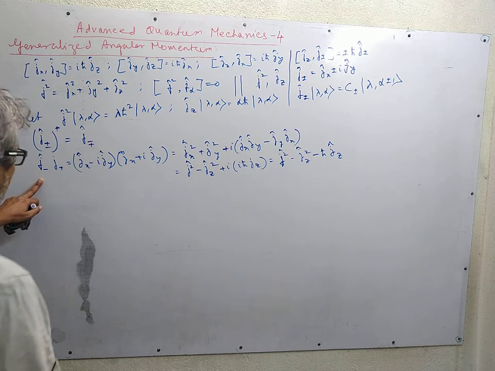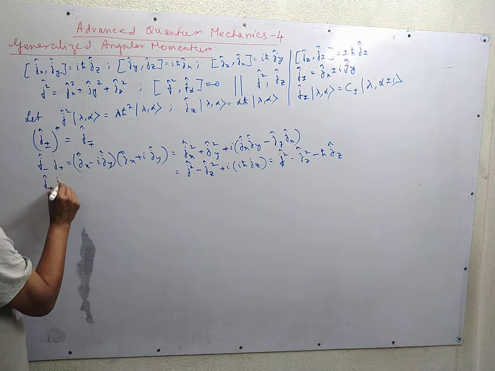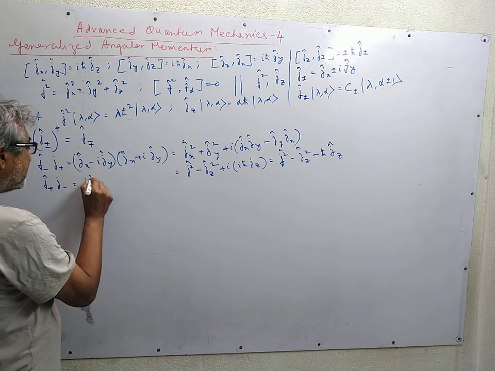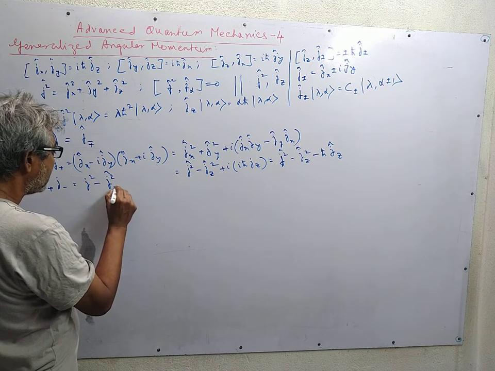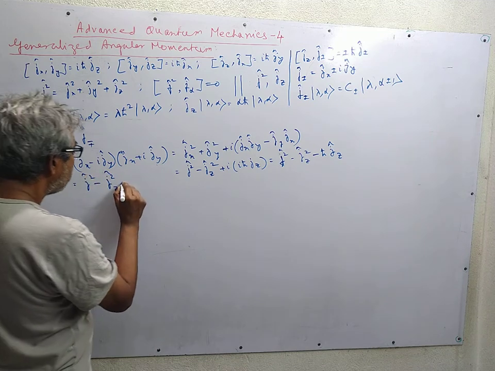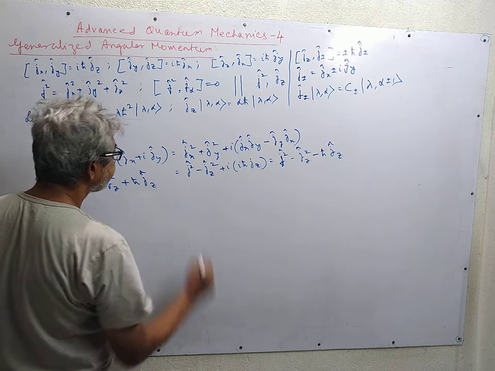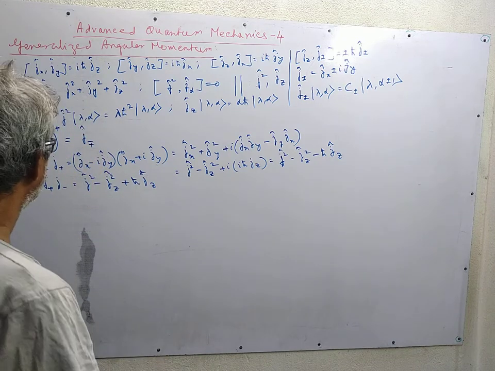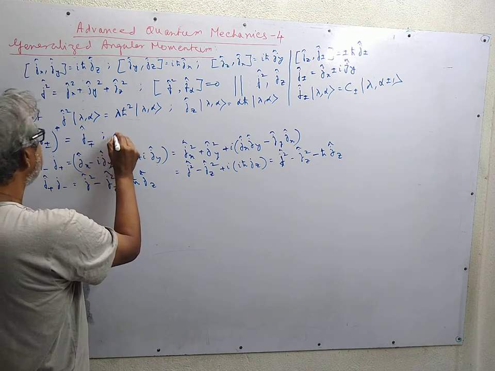If we use the minus for plus first and minus, then this would be J square minus Jz square plus h cross Jz. So these two relations will be of use.